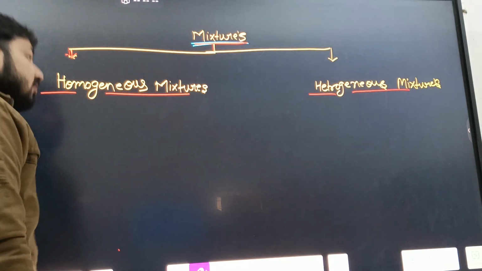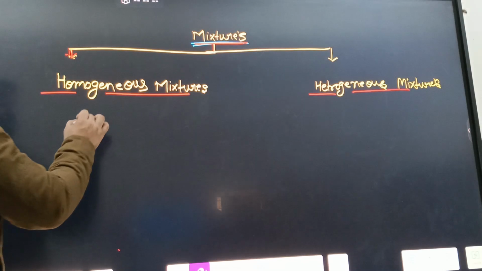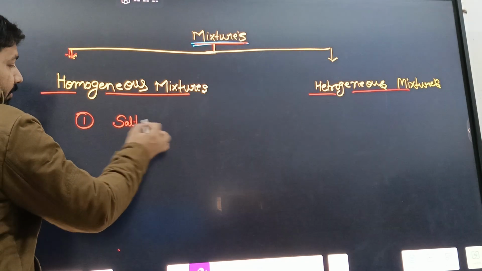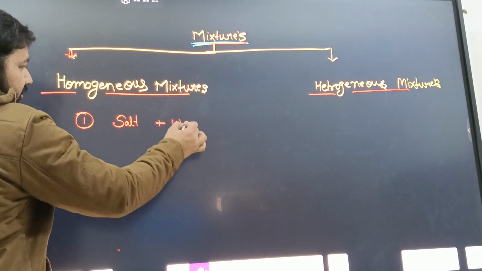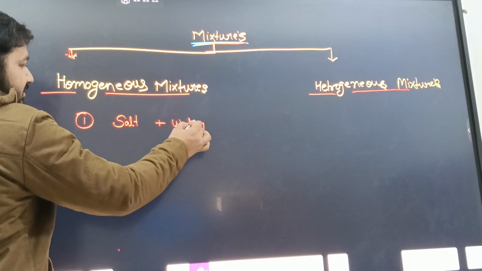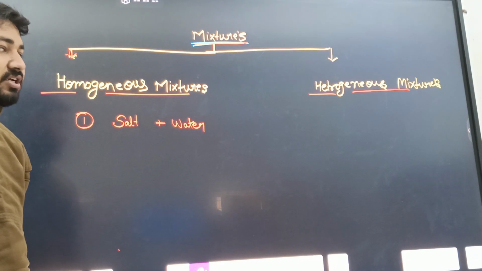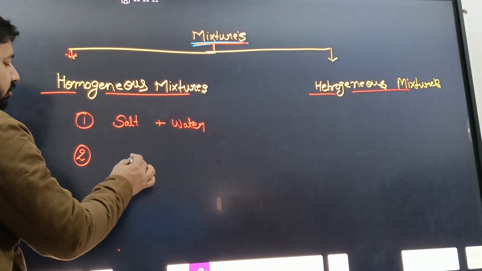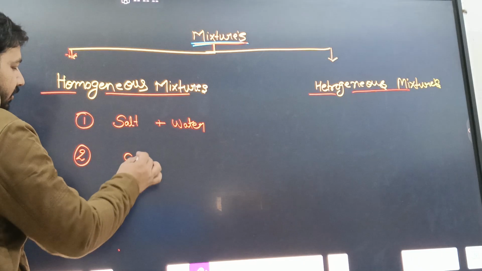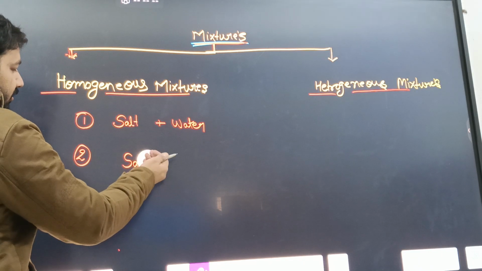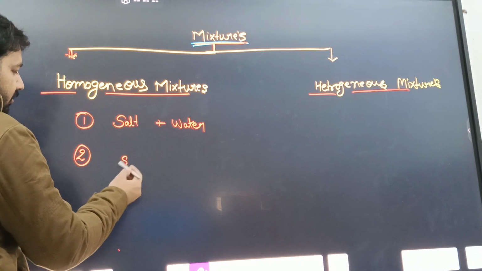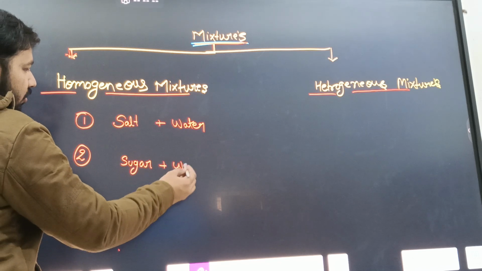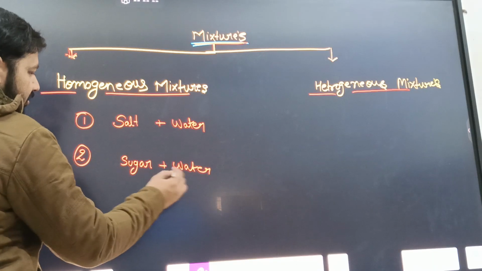Sir, what is an example of a homogeneous mixture? First, salt plus water mixture is a homogeneous mixture. Second, sugar plus water is also a homogeneous mixture.